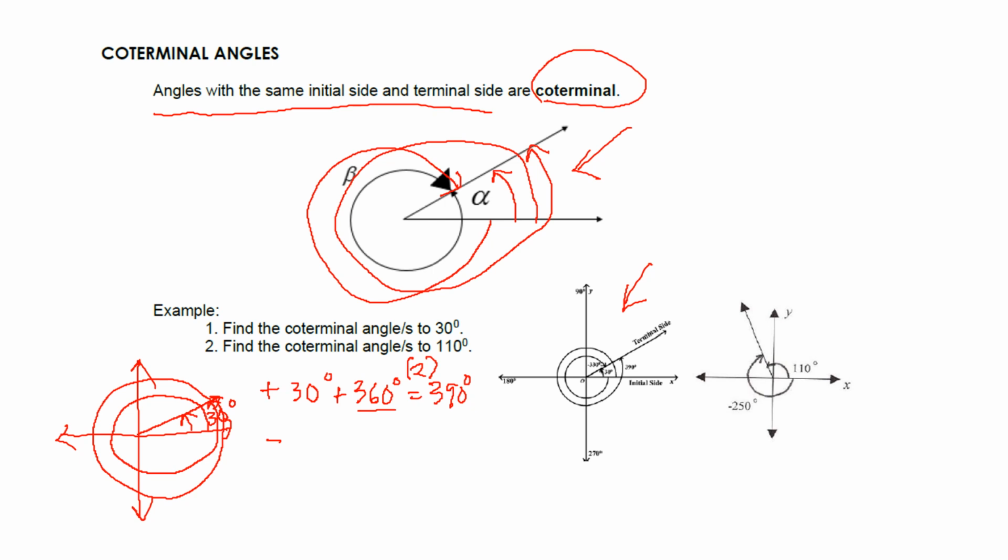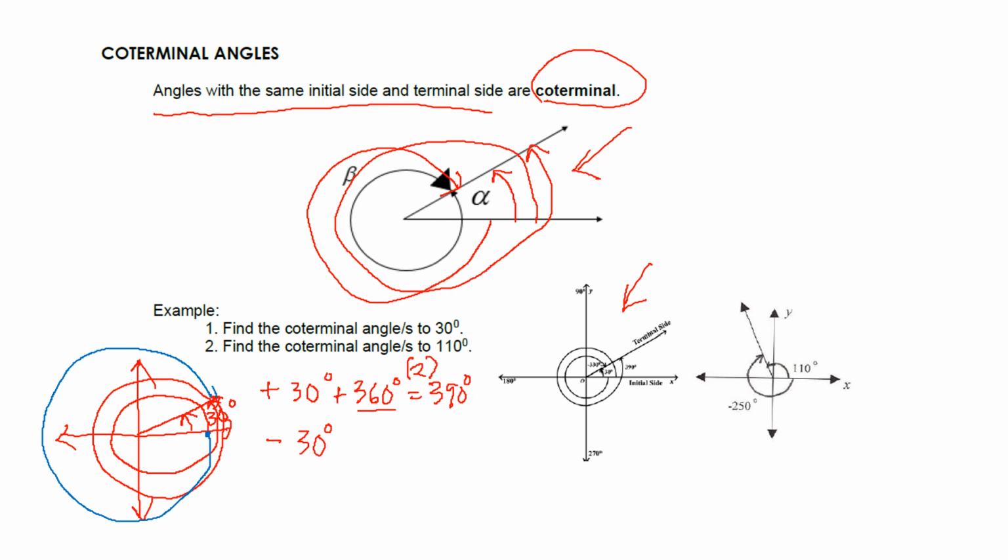Now, for a negative coterminal angle, we have already our 30 degrees, but we are going to move clockwise. If it is clockwise, one entire rotation is 360 degrees. From our initial side, we move going to there.